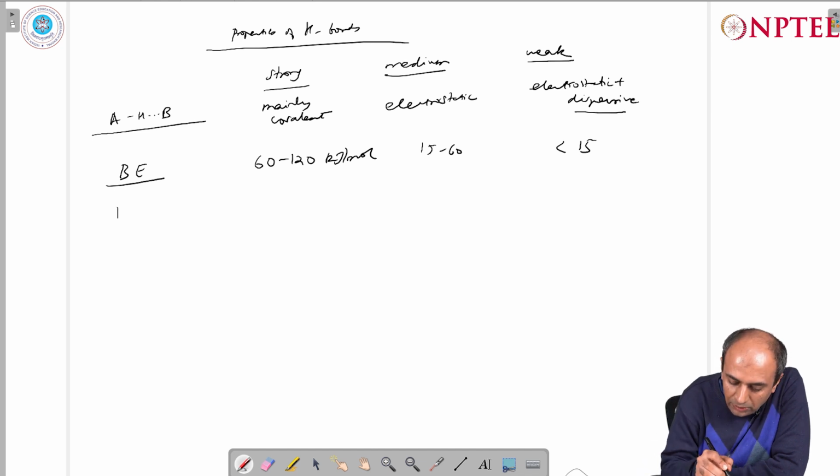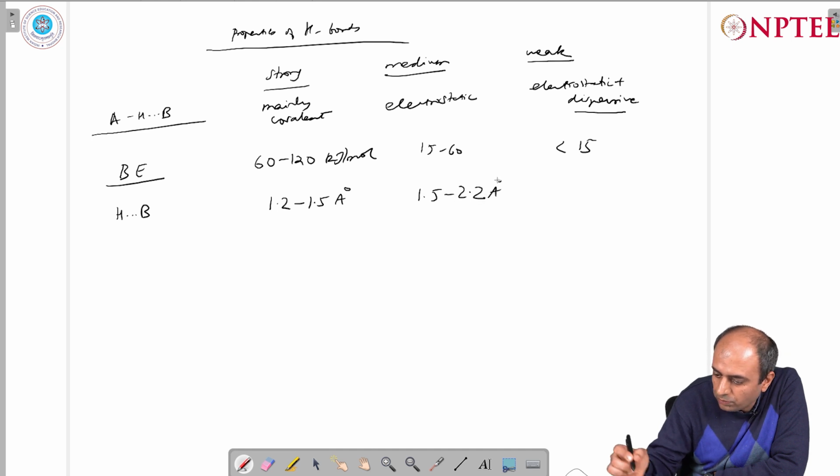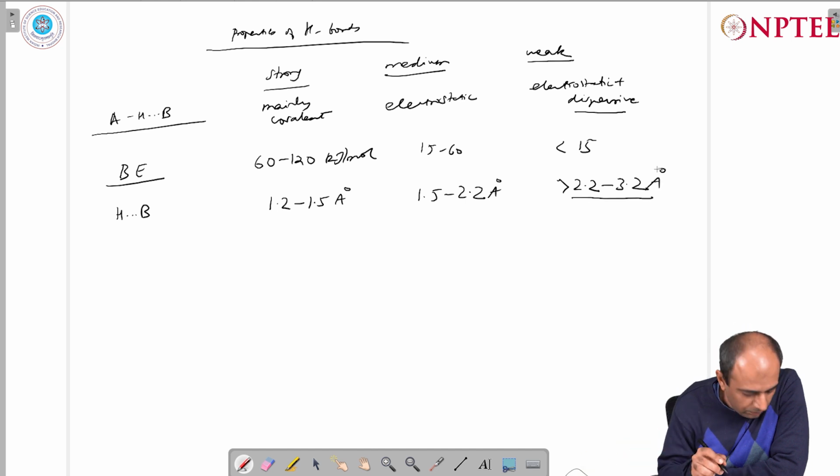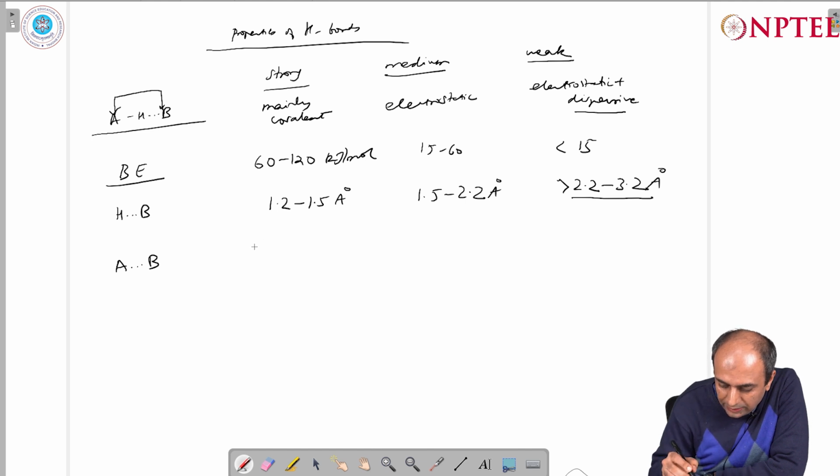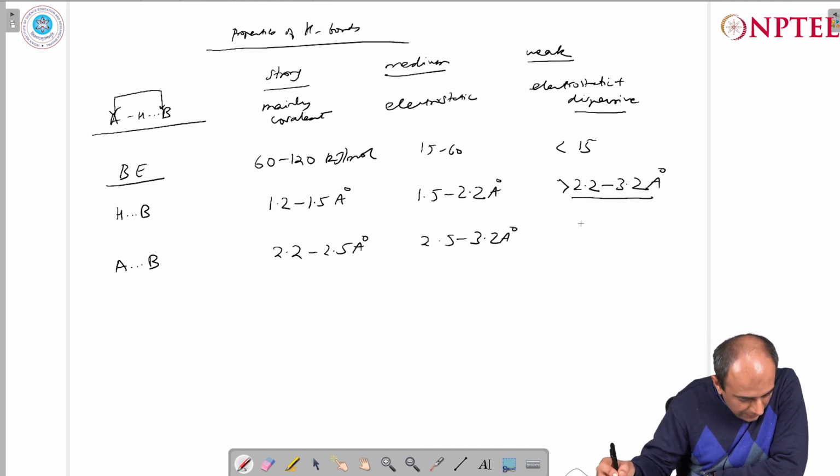The separation between the hydrogen atom and the acceptor for strong hydrogen bonds is in the range of 1.2 to 1.5 angstrom, 1.5 to 2.2 angstrom for medium hydrogen bonds, and greater than 2.2 to 3.2 angstrom for the very weak hydrogen bonds. The donor-acceptor distance, that means the distance between the donor and the acceptor, is 2.2 to 2.5 angstrom, 2.5 to 3.2 angstrom, and greater than 3.2 to 4 angstrom.